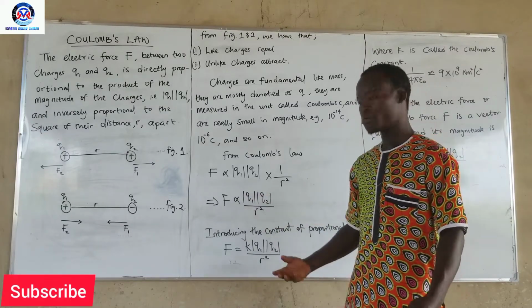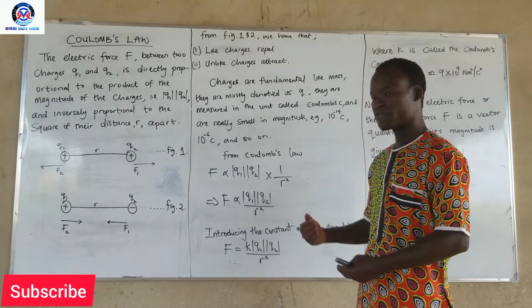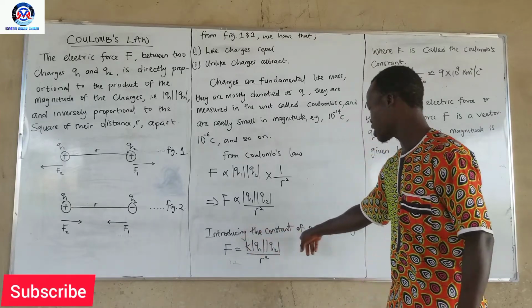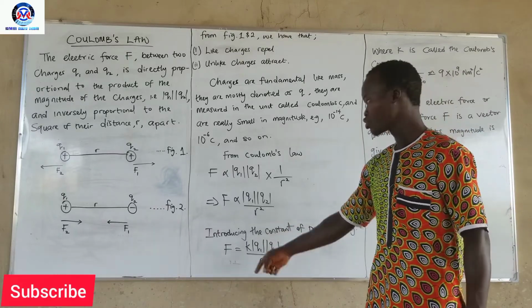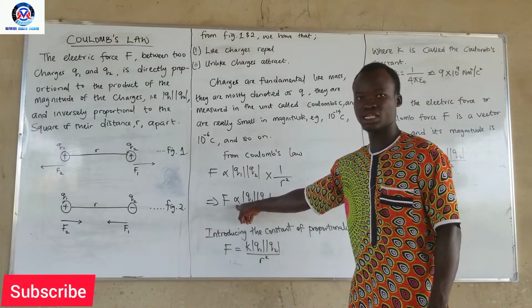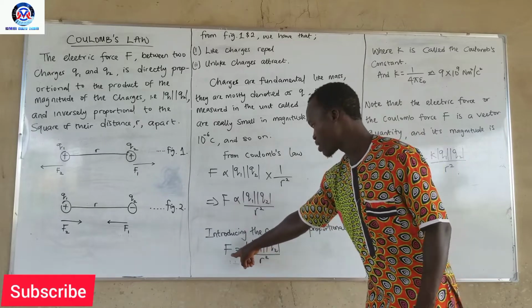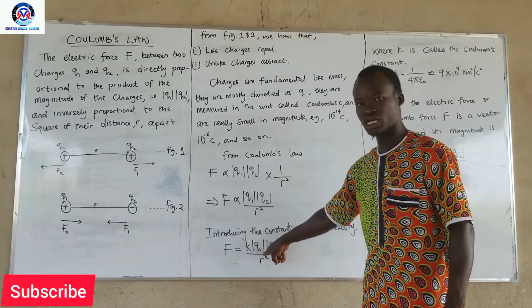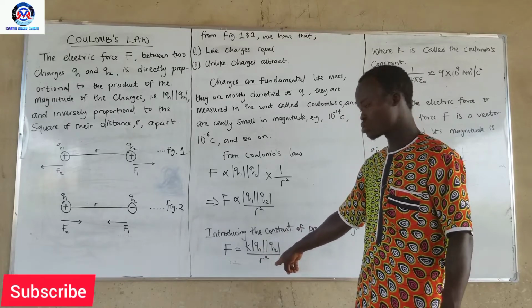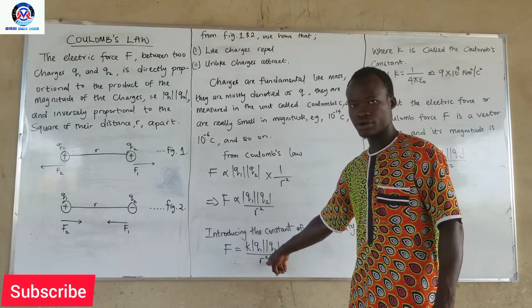From our high school variation, we introduce the constant of proportionality k to change the sign of proportionality to equality. From here we have that F is equal to k multiplied by the magnitude of Q1 multiplied by the magnitude of Q2, everything over r squared.